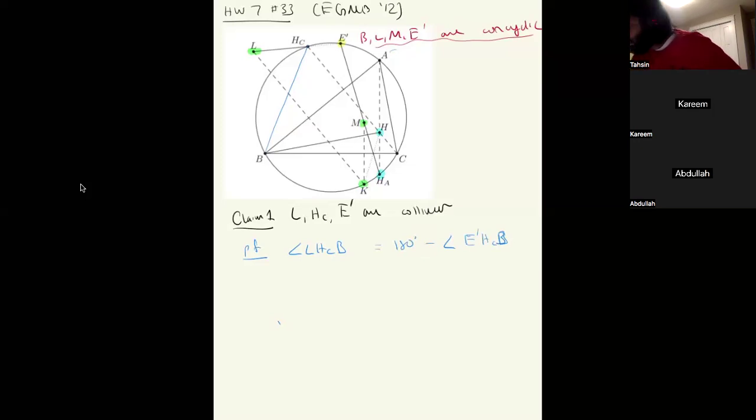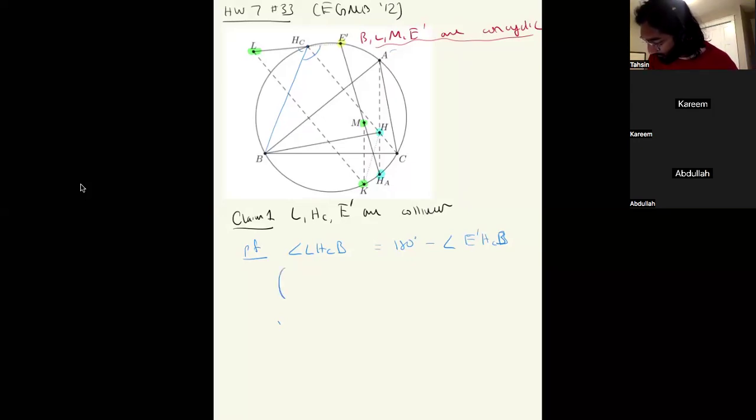Basically, this angle and this angle. But the more scientific way is to use directed angles.